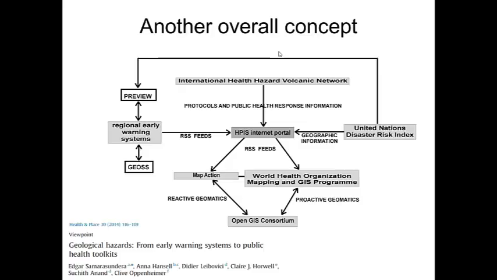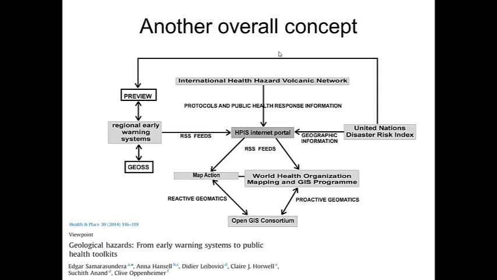Here's another example, from our ex-colleague Edgar Somasundra. This diagram isn't in this article on health and place, but he drew it. I think it was included in a previous draft, and then the reviewers presumably said they didn't think this diagram was necessary.